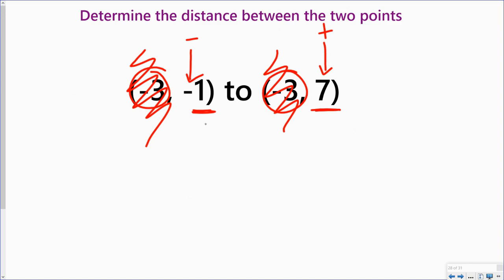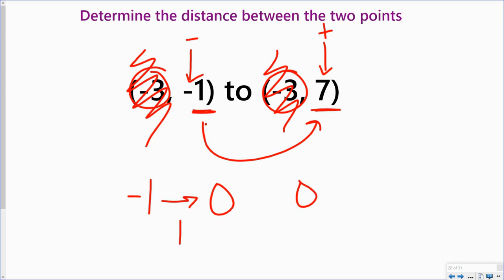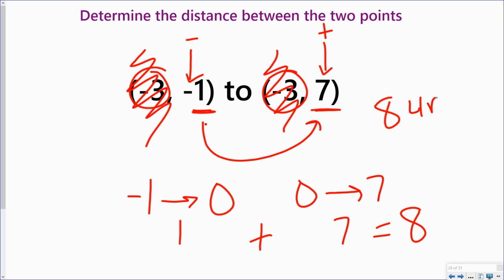So if I want to know how far it is from -1 to 7, well, I know from -1 to get to 0 is 1 unit. And I know to get from 0 to 7 is 7 units. So then I take 1 plus 7 gives me 8. So the distance here is 8 units.